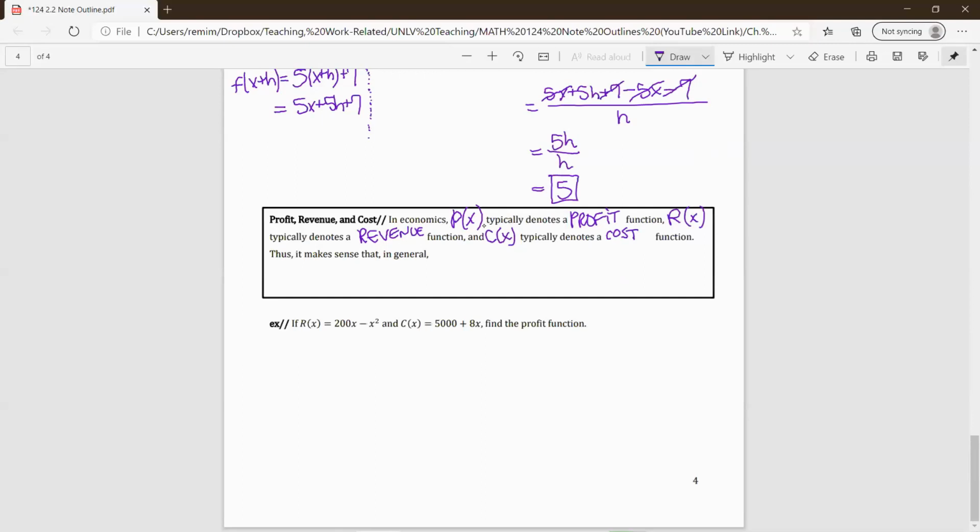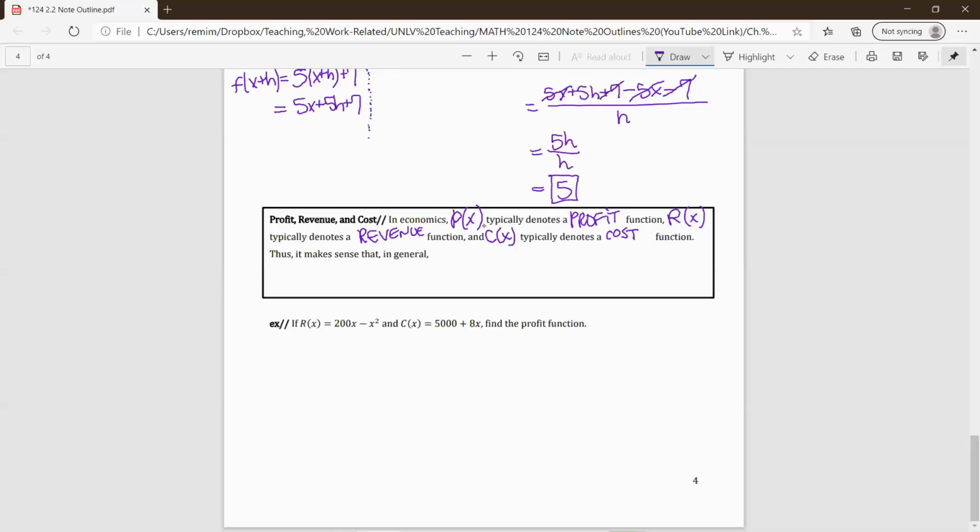So a movie theater gets revenue from people buying the movie tickets or buying the food and the drinks from the movie theater. So all the money that's coming in from the people who are going to the movie theater, that's called revenue. And then it also is going to cost money, though, to run the movie theater.